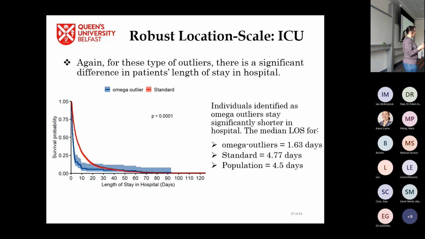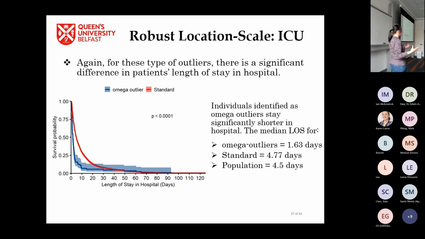If patients are having a significantly shorter stay in hospital, that could suggest that something negative is happening, in the respect that the patients have died, but we don't know at this stage. It's something we can rerun on the new data whenever it's extracted from the database. Essentially, omega outliers have a median length of stay of 1.6 days. Standard patients have a median length of stay of 4.7 days. So there's something going on.